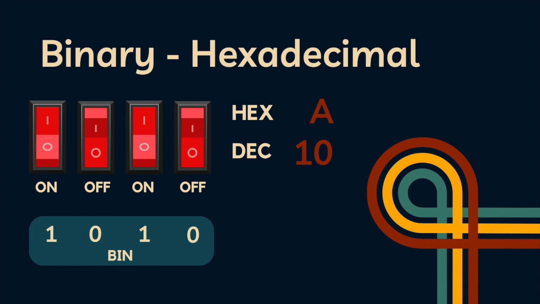So hexadecimal is 16 values that you could have within a 4-bit binary code.